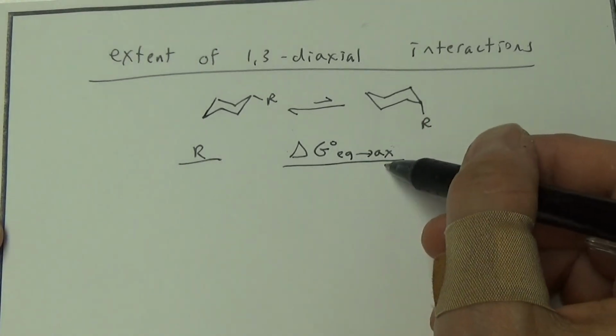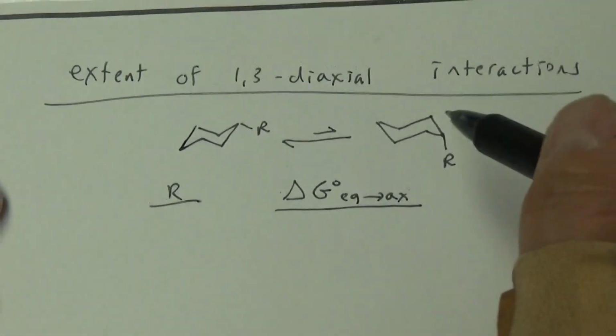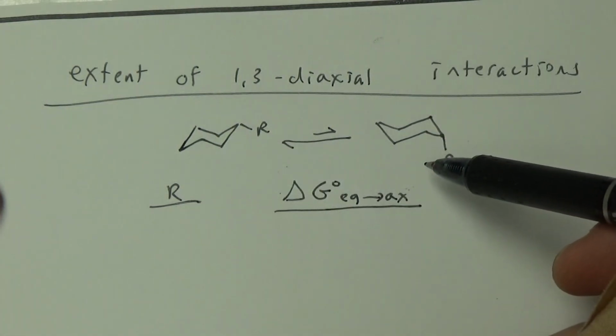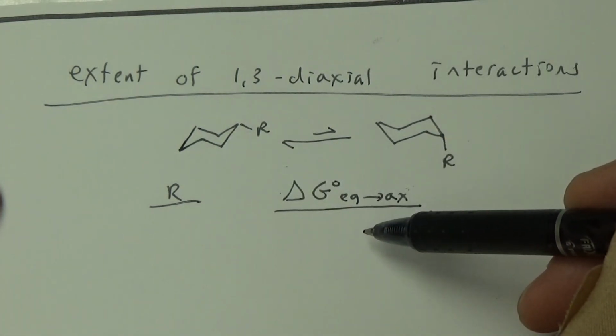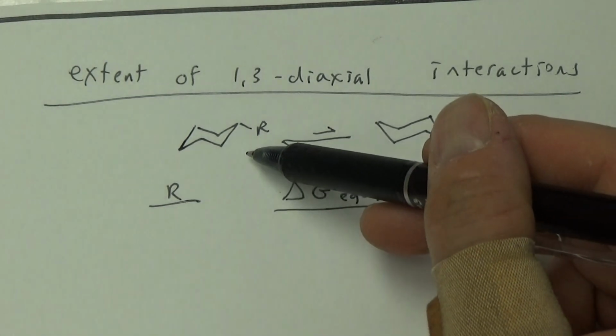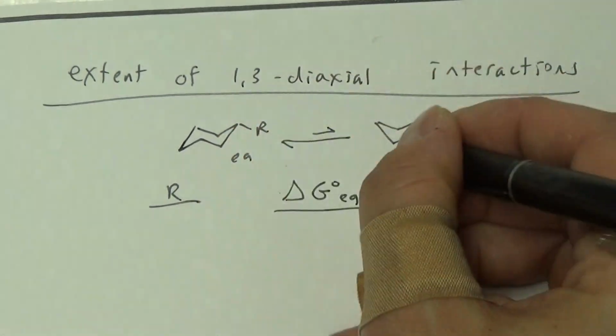As you go from equatorial to axial, is that going to be a positive number or a negative number? Because we're going from something happy to something less happy, right? So it should be a positive number. Of course it'll be a positive number because you're going from something happy to unhappy, right? Equatorial, axial.